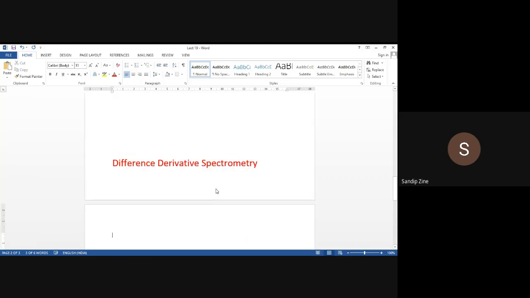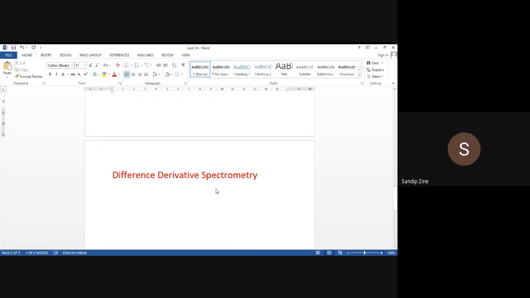Can anyone guess what will be the difference between derivative spectroscopy and difference derivative spectrometry? Can anyone talk about this particular point? Now, you know what a derivative is, isn't it? We are taking derivatization of first order, second order, third order, fourth order, and based on that, the peak gets split as per the n plus one rule. So, what is a difference derivative then?